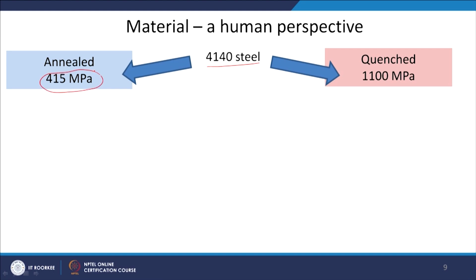If I heat and then quench, meaning a very fast cooling, whereas in annealing I am doing a very slow cooling, then I get a very high strength. So, the same material, but two different treatments were given to it. One turned out to be low strength, another turned out to be high strength.